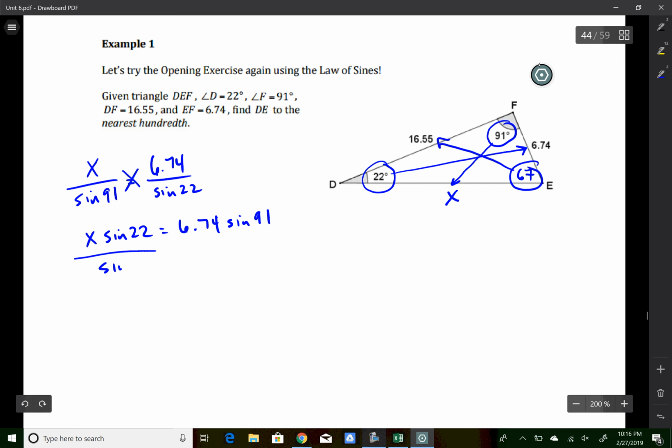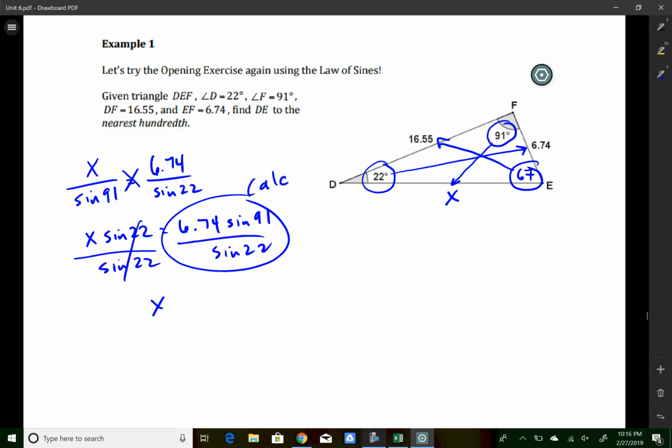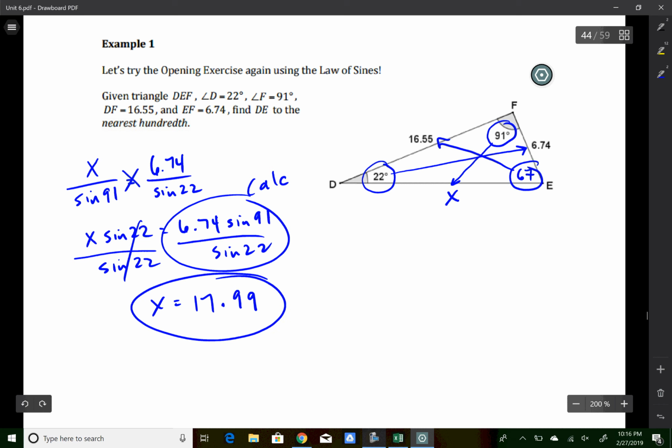Divide both sides by the sine of 22. Whatever this is in my calculator is my answer. If I type that all in one shot, 6.74 sine of 91, end your parenthesis, divided by the sine of 22, end your parenthesis, I get a side length of 17.99. It says nearest hundredth, so we'll go to there.